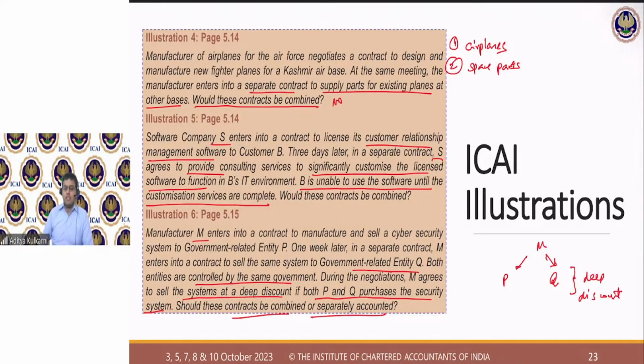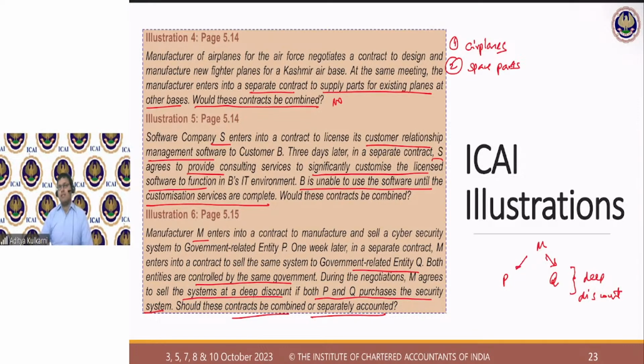Now, the question is, should I treat them as separate contracts? What is the basis if I treat them as separate contracts? Or should I treat them as a single contract?